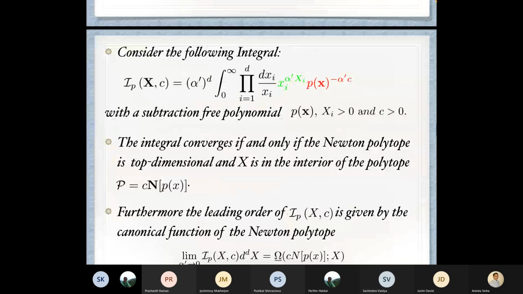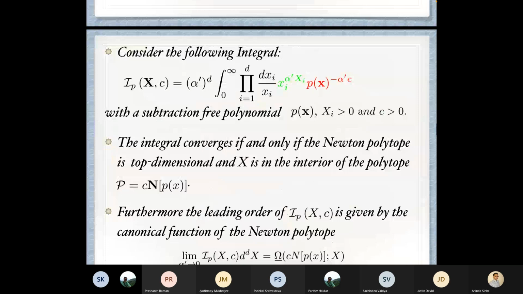Now, usually we take this polynomial to be positive because we don't want it to have any poles in the integration region. And this integral has some chance of convergence. Now the question is, where does it exactly converge? The claim is that the integral converges if and only if the Newton polytope is, first of all, top dimensional, and these capital X's, which are the exponents of the coordinates, lie in the interior of the weighted Newton polytope corresponding to the polynomial.